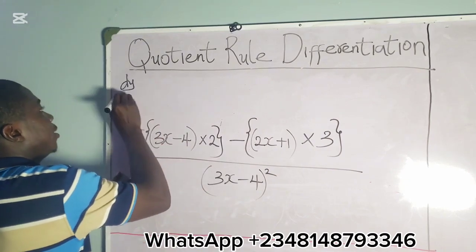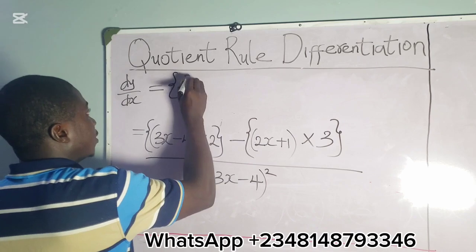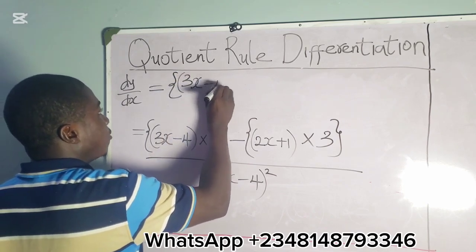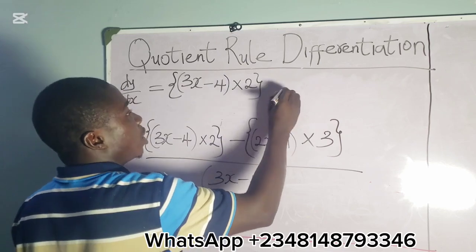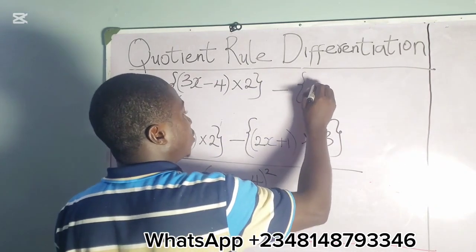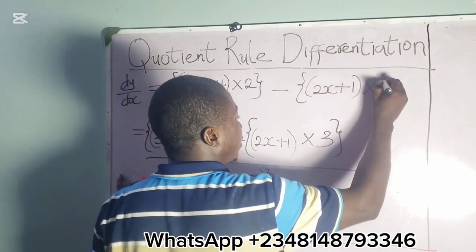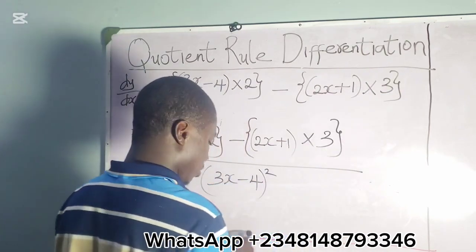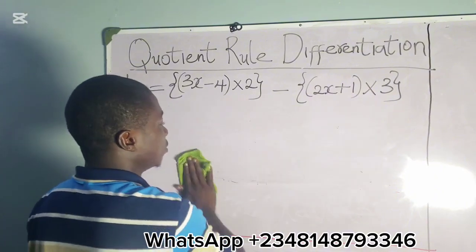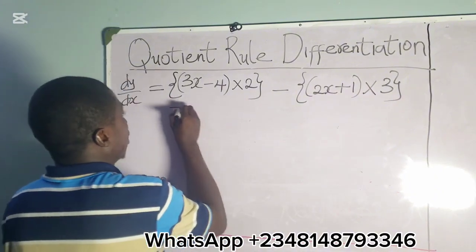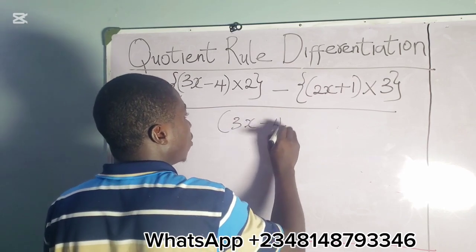All right, dy over dx is equal to, let me write this, (3x - 4) multiplied by 2, minus (2x + 1) multiplied by 3, and then all over (3x - 4) all squared.